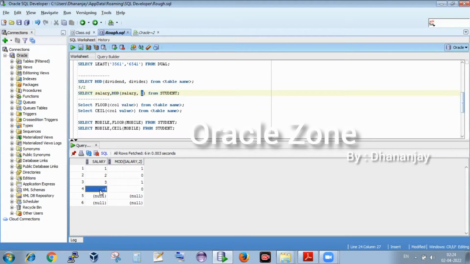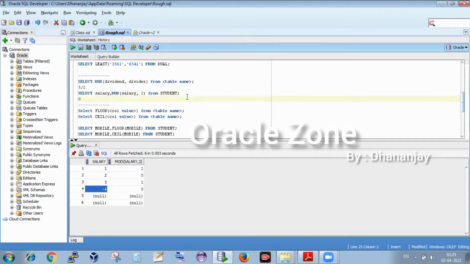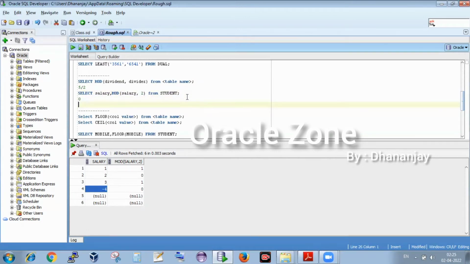Now going with -4. For mod, you don't need to consider the positive and negative sign, because 4 is completely divided by 2, so the remaining value will be 0. If you consider it was -4 and it is completely divided, it would be -0, right?